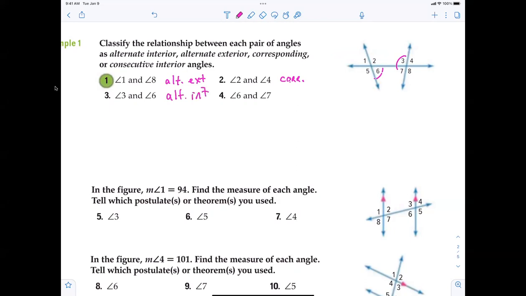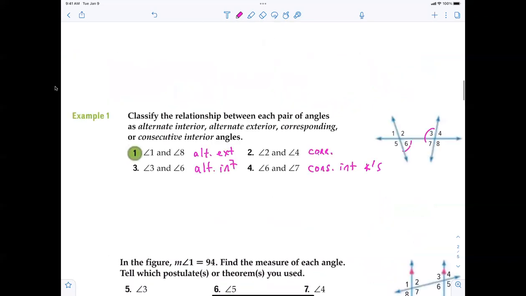And then 6 and 7. Same side interior, or consecutive interior angles. All right, everybody's good with that.